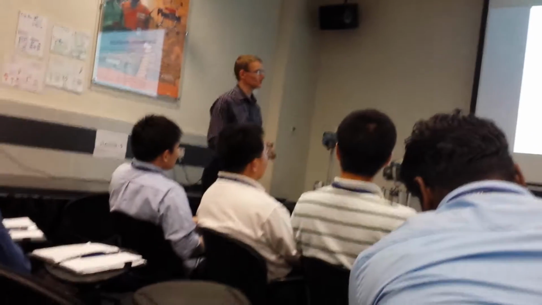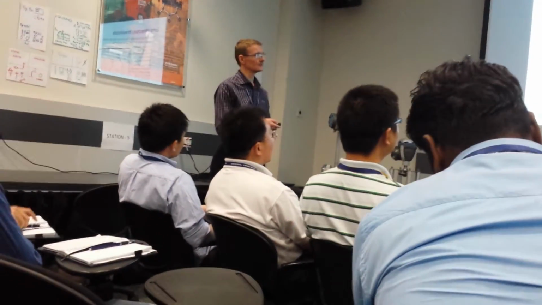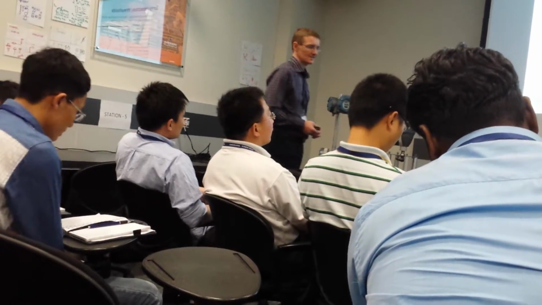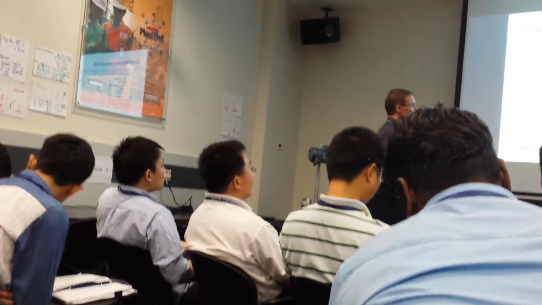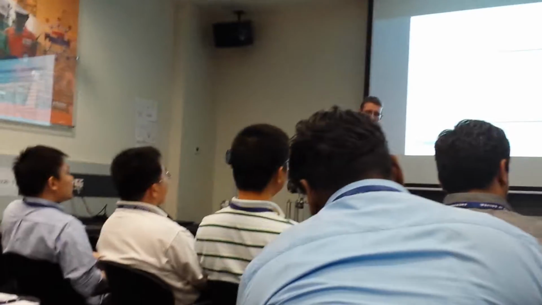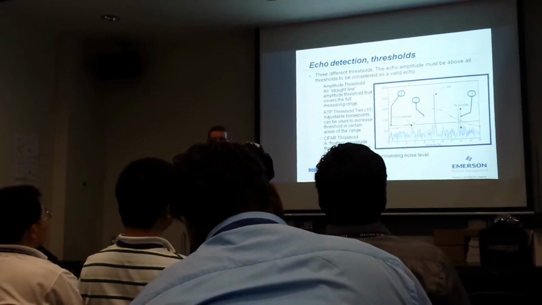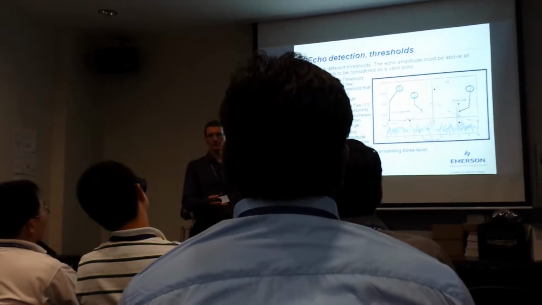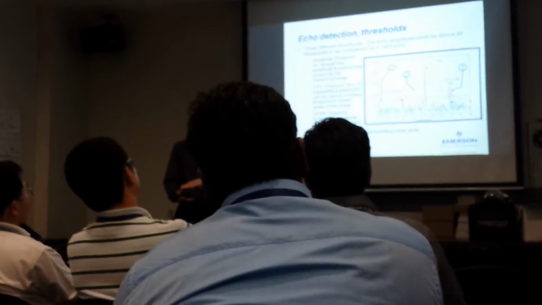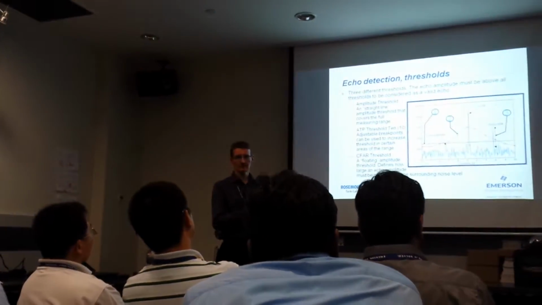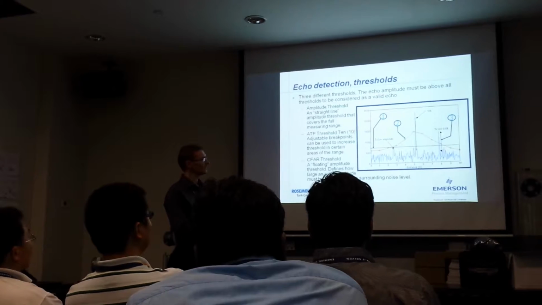Or in other words, we call it signal to noise ratio, SNR. This means how good is the signal compared to noise. So what is the difference between the top of the signal and the top of the noise? That is the signal to noise ratio.